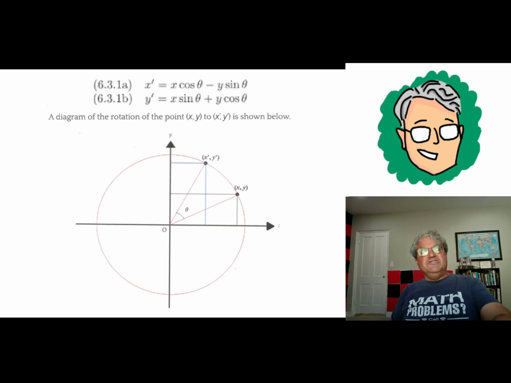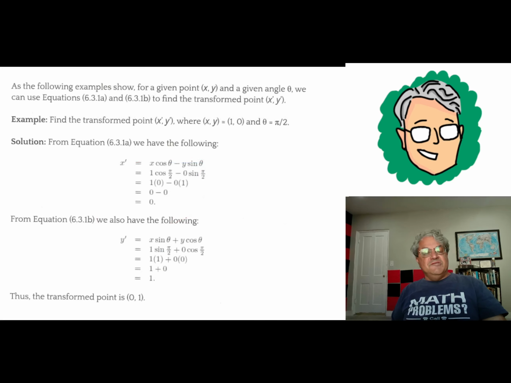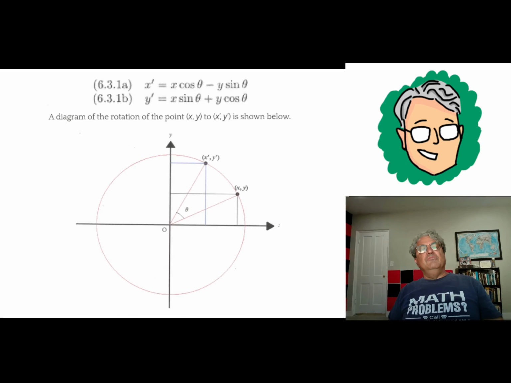But we can actually apply these formulas to verify this. Let's go back to the formula. Remember, x was 1 and y was 0. So you have x times cosine theta, and theta is pi over 2. So we have 1 times cosine pi over 2, but cosine pi over 2 is 0. And then you have minus y sine pi over 2, well, 0 times anything is 0.